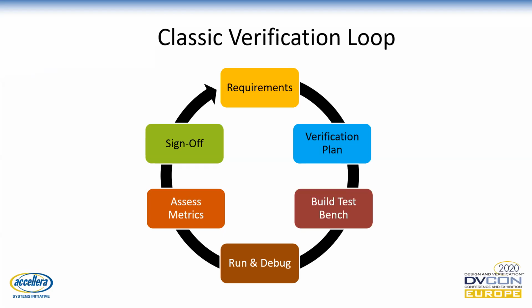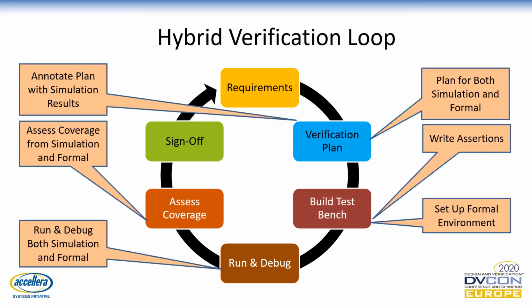In case there are failures, these are debugged, coverage is collected, and later on the metrics need to be assessed. After everything is green and all the sign-off criteria are done, this is the moment we are ready to sign off. Of course, in our days, we do not have only simulation, we have formal technology which is available, and it's becoming very, very mature.